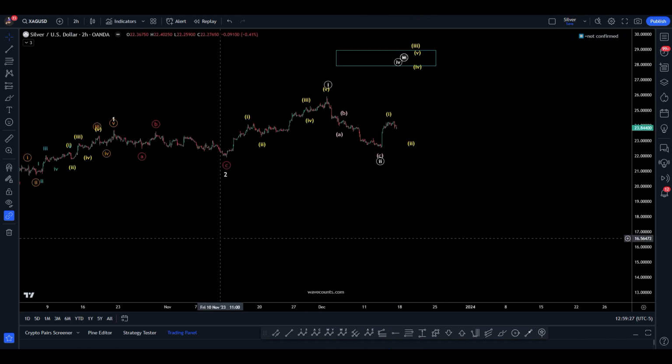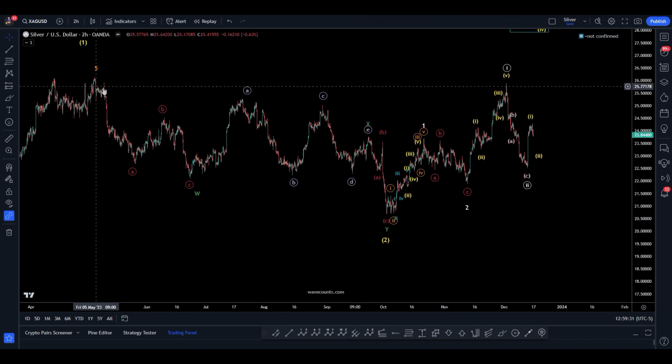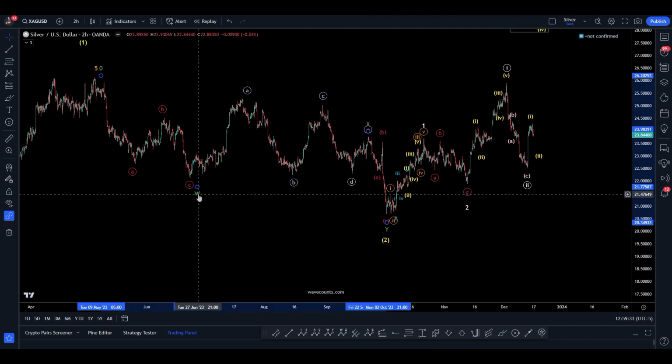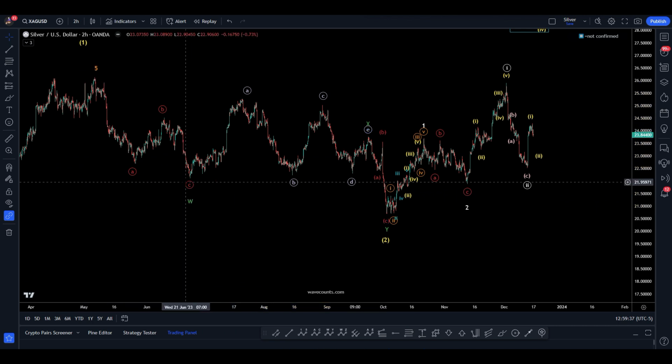Here's the double zigzag in a more intricately subdivided form. So zigzag for W, simple pattern, zigzag.